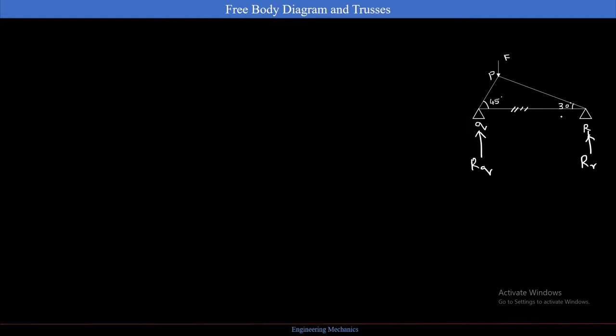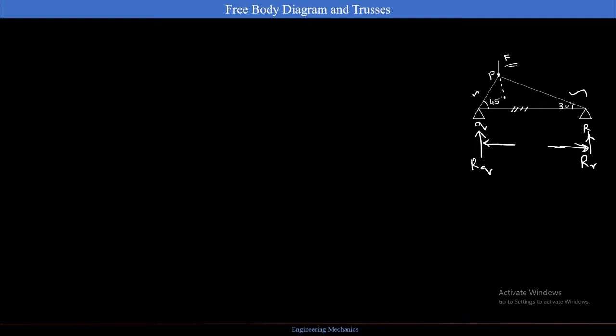We know the angle here, and we know the angle here, and there is some force, but we don't know its value. What we need here is the distance between these two extremes. In order to find that, I know only the angles.